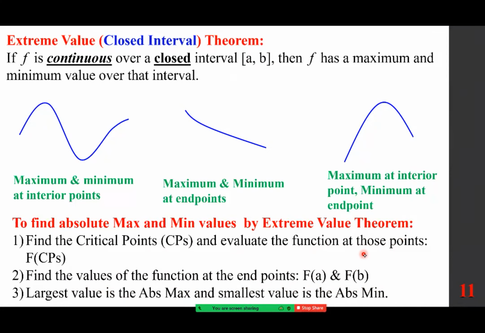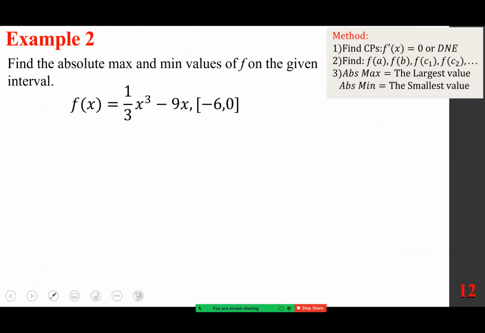As an example, we want to find the absolute max and min for this function, f of x equals 1/3 x cubed minus 9x in the interval of -6, 0, which is a closed interval. And here's the methodology. But before we look at the methodology, number one, we have to see the continuity. If we look at this function, this is a polynomial of degree 3, or a cubic function.